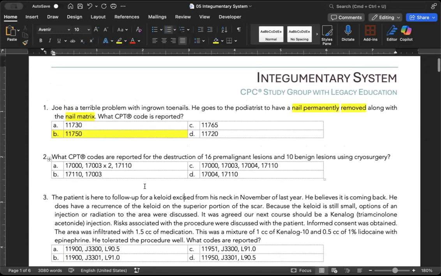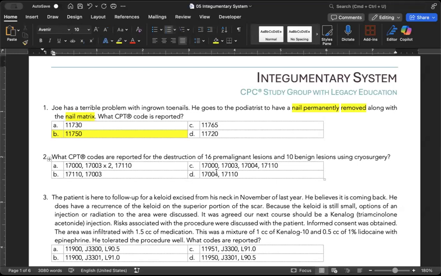Number two. So we'll use process of elimination for this one. What CPT codes are reported for the destruction of 16 premalignant lesions and then 10 benign lesions using cryosurgery? So we have 17000 and 2. So let's go straight to that because we are going to either confirm 2 or rule out 2, either way.